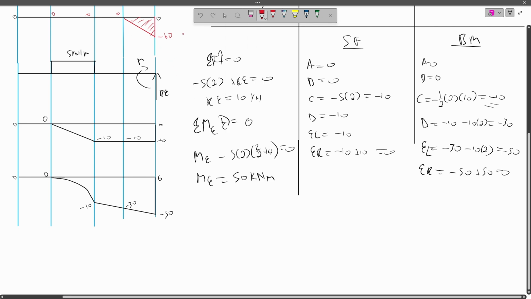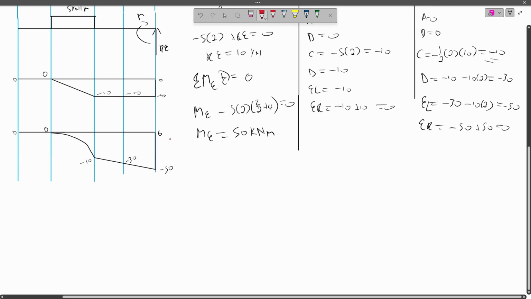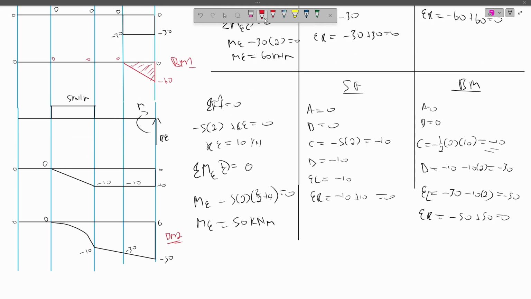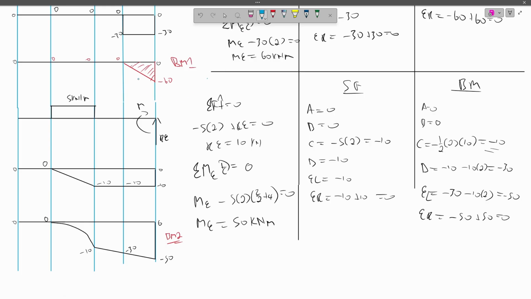We have the first one for the shear force, which is here, PM1, and for the UDL, PM2. Let's see how many shapes we'll have since we're using areas. This is our first shape, which is shape 1.